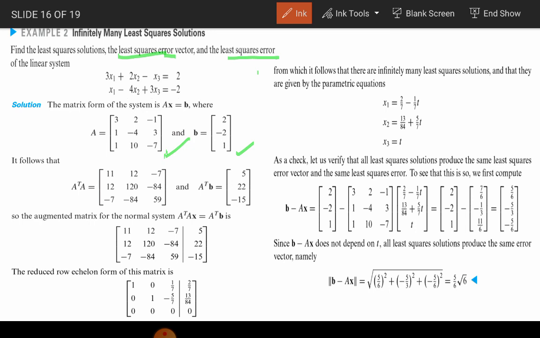When you change the system, you will get this one.